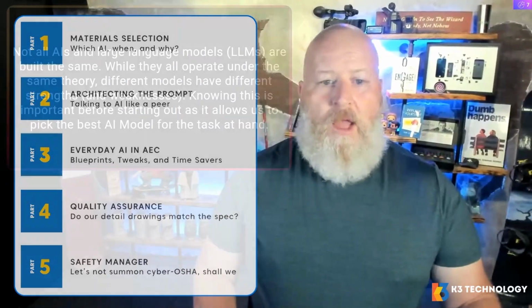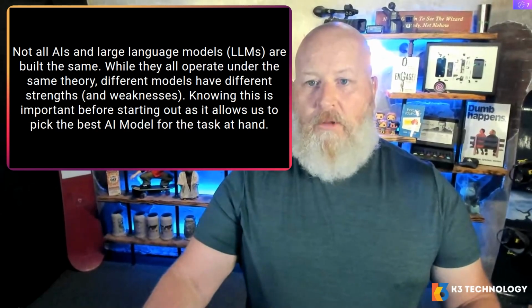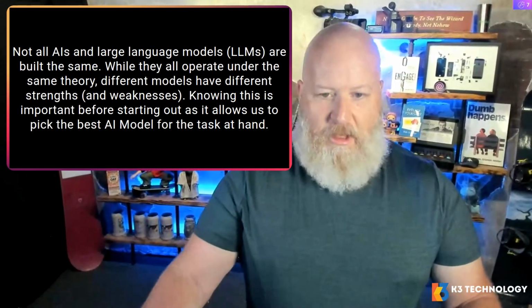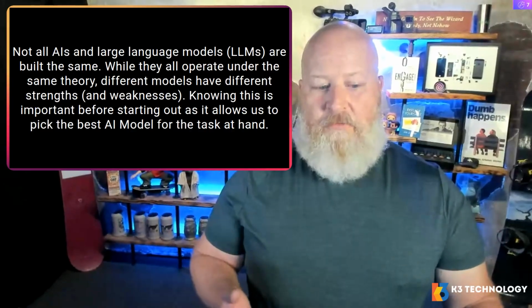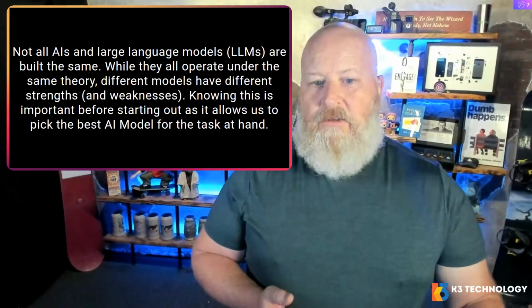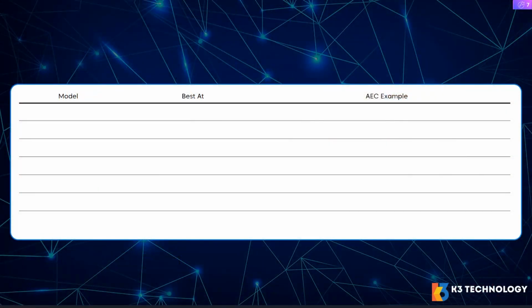So not all AIs and large language models are built the same. They all do different things. They all have different strengths. They all have different weaknesses. And so we're going to dive into that real quick just to set the stage for where we're at.